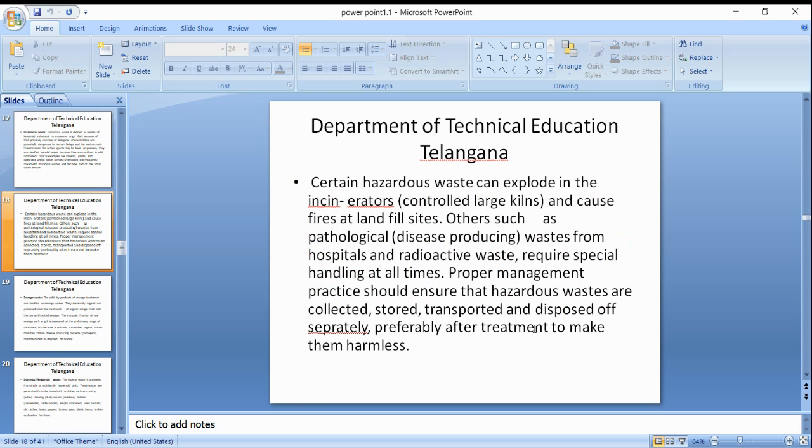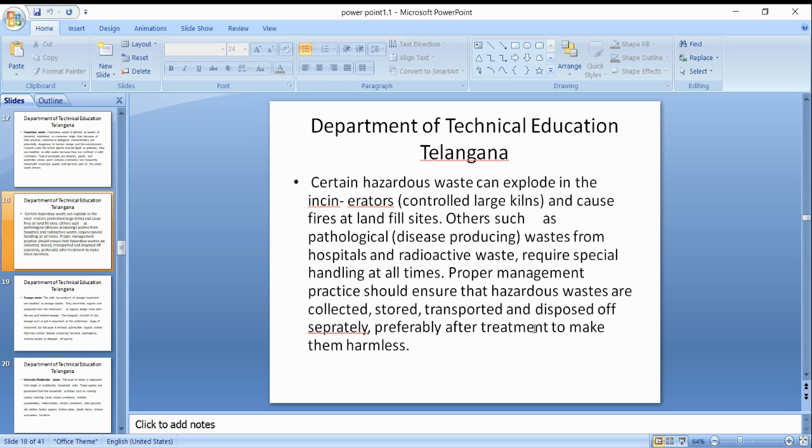Certain hazardous waste can explode in incinerators, so it is to be stored in controlled large kilns. It should not be thrown outside. It should be collected in one container and stored in large containers. If it is not protected, it will cause fires, and also in landfills.